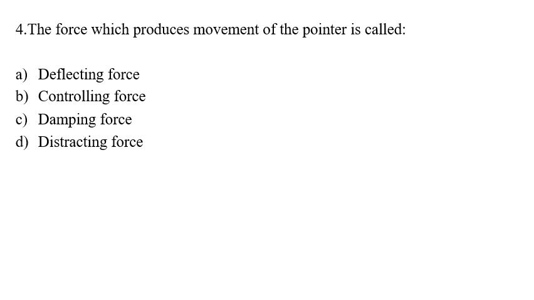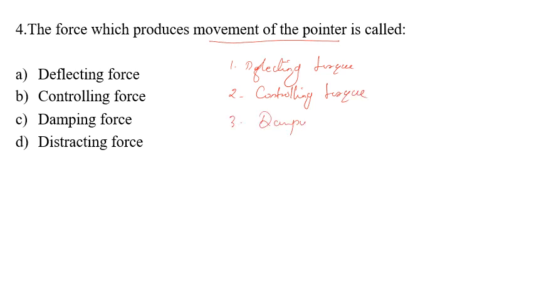We know that for the movement of a pointer in a measuring instrument, we generally need three torques: deflecting torque, controlling torque, and the third one is damping torque. So let us discuss the deflecting torque.